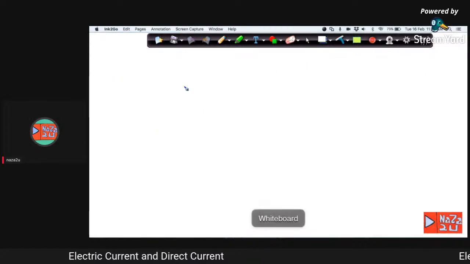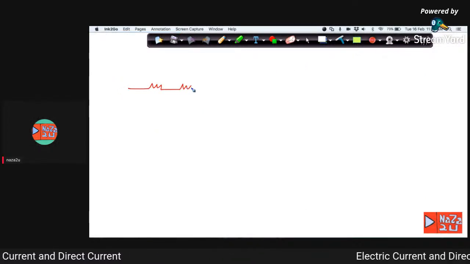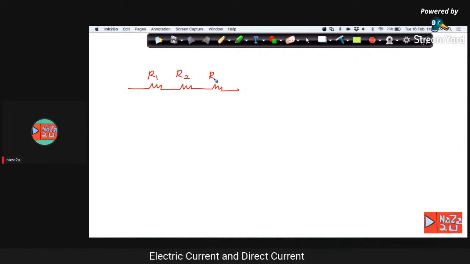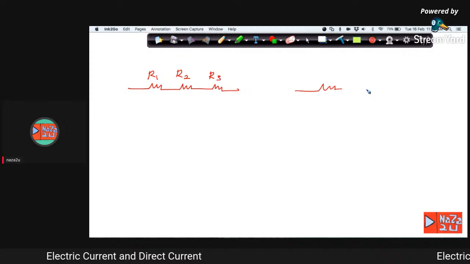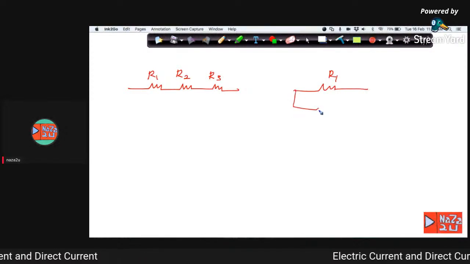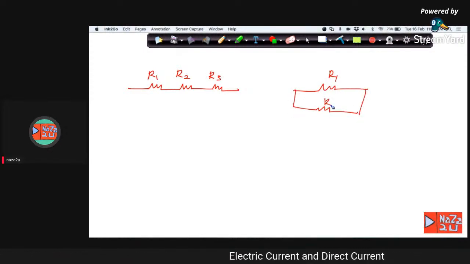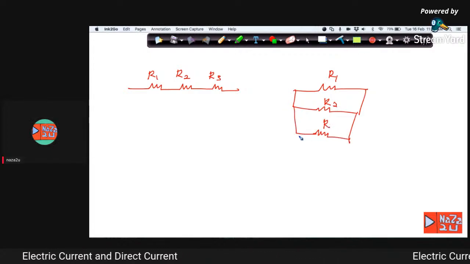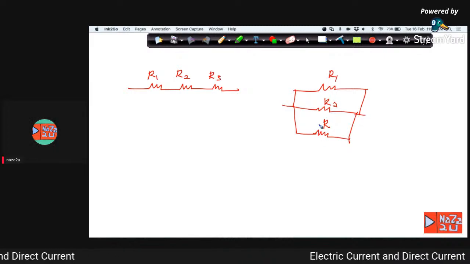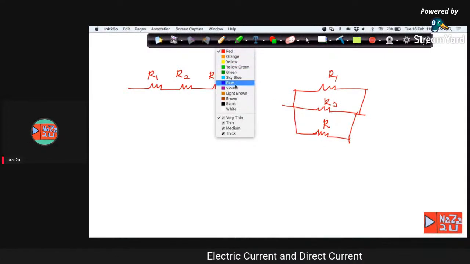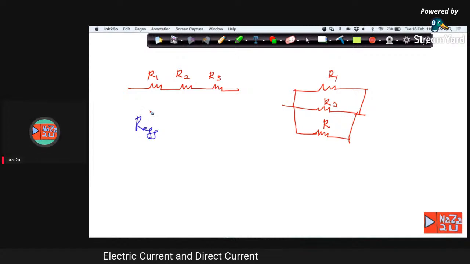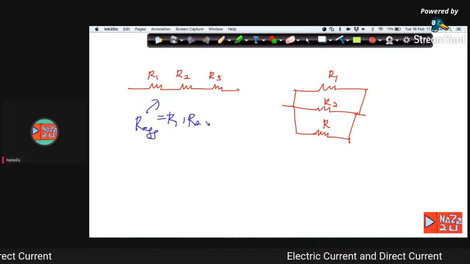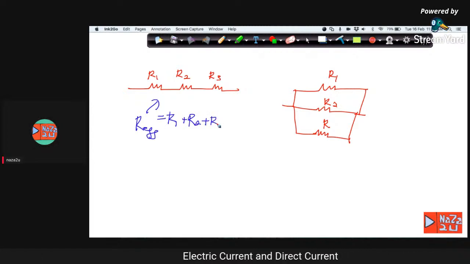So kalau saya boleh ringkaskan, first we have a 3 series resistor R1, R2 and R3. And the second circuit we have resistor R1, resistor R2, and we have another resistor R3, in the parallel circuit. How to find the effective resistor for the series circuit? Just plus R1, R2 plus R3.